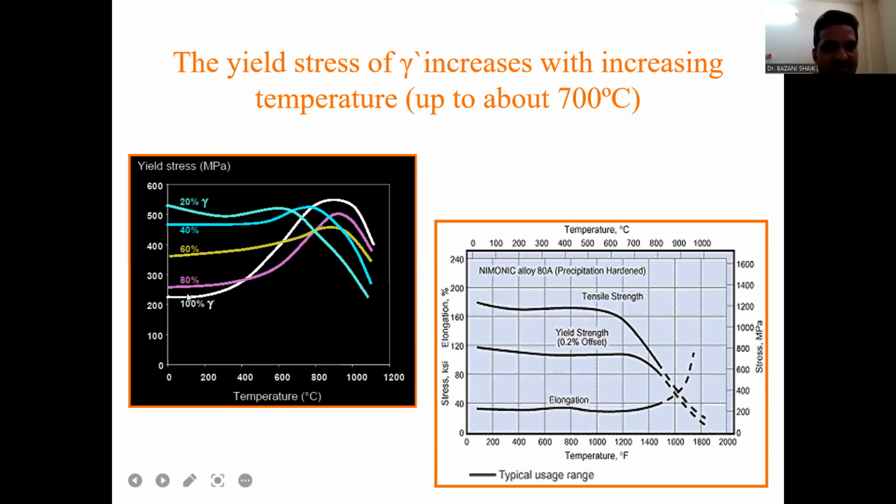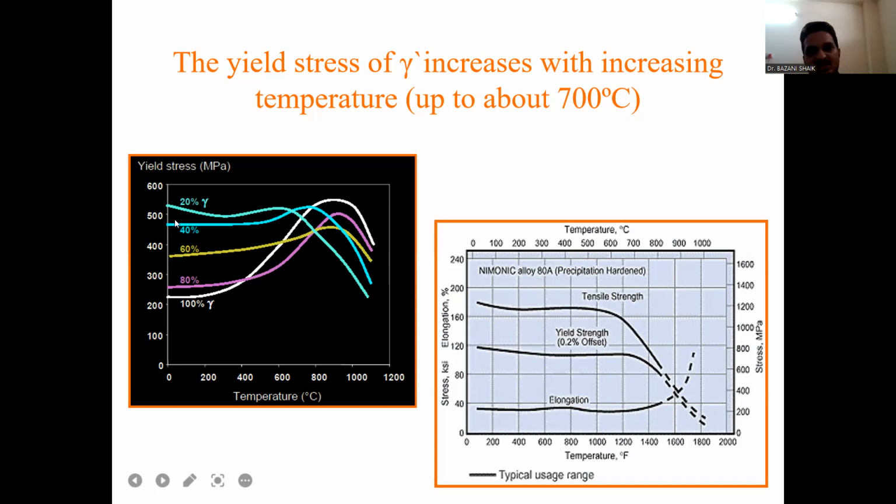This is the maximum percentage. When we show 200 megapascals yield stress, it has 100%, and 80% is for 300 megapascals, 60% for 400 megapascals, 40% for 500 megapascals, and 20% for 600 megapascals. When we increase it, the percentage automatically decreases.